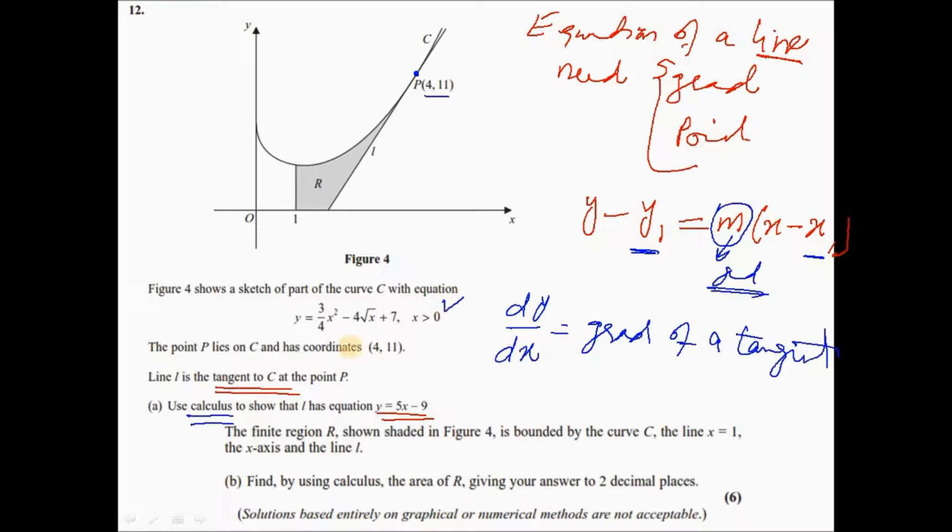You need to differentiate the equation of the curve, and then substitute the point into the gradient, and then you would have the gradient of the line. So first you need to differentiate and then figure out the gradient, and then use slope-point form to find the equation.